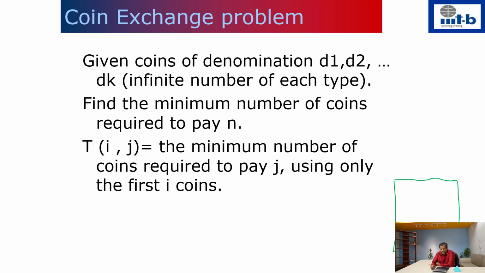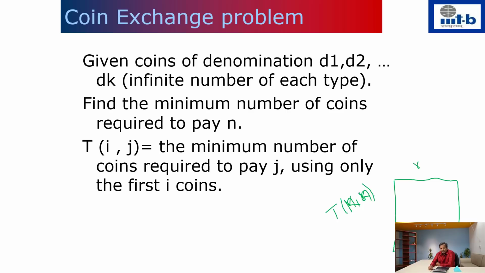In this example, we are defining T of i comma j to be the minimum number of coins required to pay for j using only the first i coins. So, this is a table of size n cross k, and so T of k comma n will give us the final answer, because we have k coins to use, we are allowed to use all the k coins, and we want to pay for n.